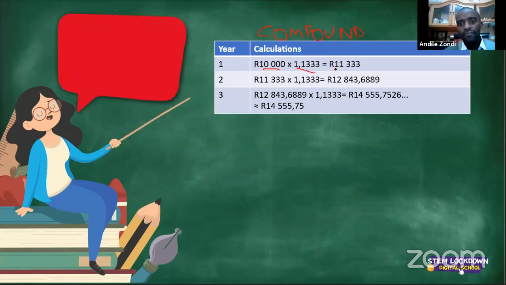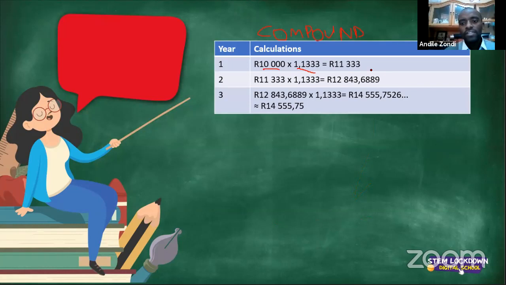The answer for the first year will be 11,333. Now notice with compound interest, you need to add the amount of interest you earned the first year plus the principal amount each and every time you calculate.